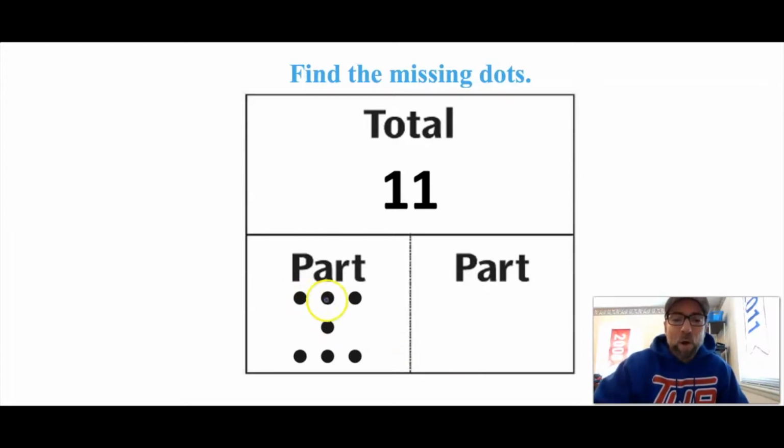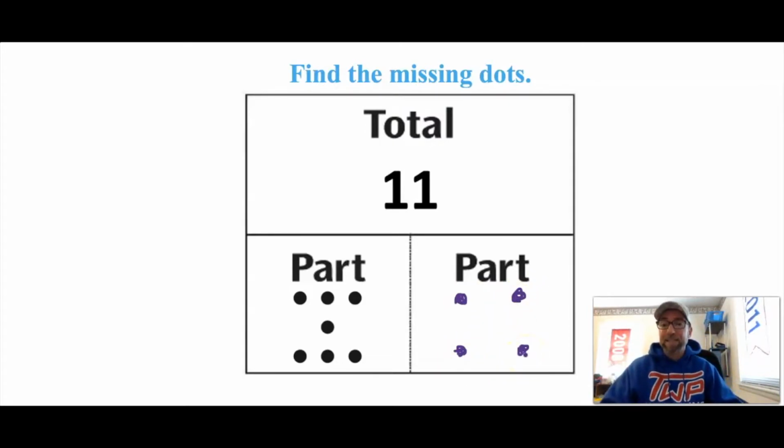So I have 1, 2, 3, 4, 5, 6, 7 dots. And I'm going to keep counting. 8, 9, 10, 11. How many more dots did I need? I needed 1, 2, 3, 4 more dots.